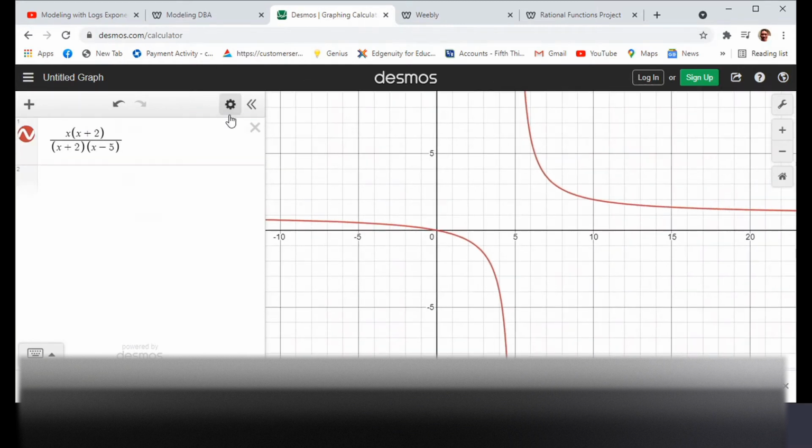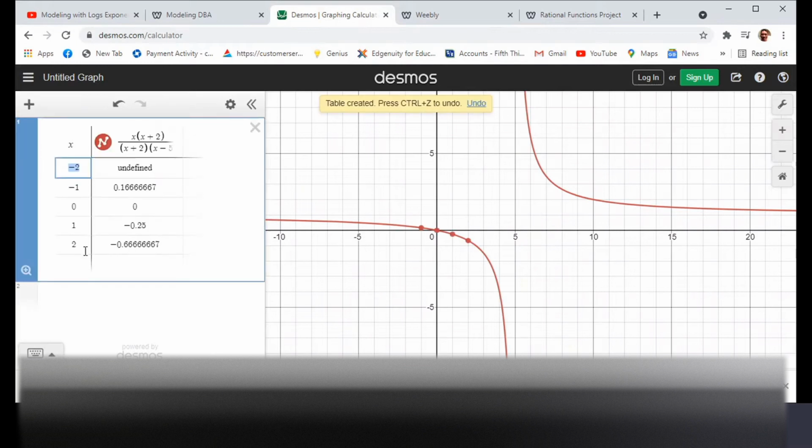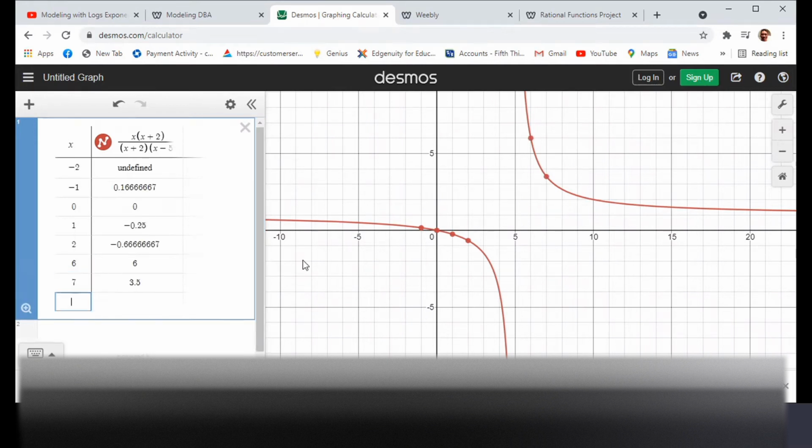Go to my circle gear table, and I already have some of these points identified, so I'll maybe pick some points between 6 and 10, just so I can have some idea where they are. I'm copying them down.